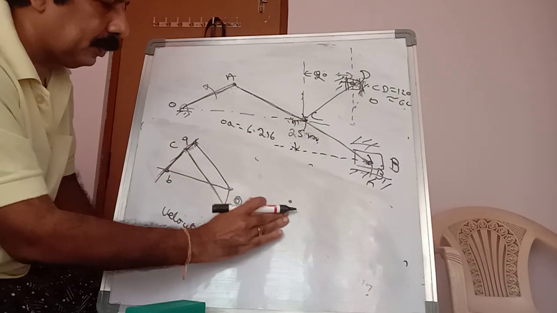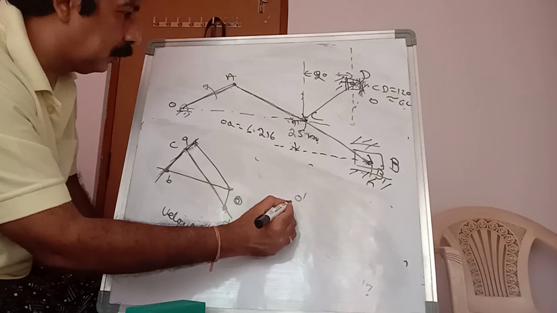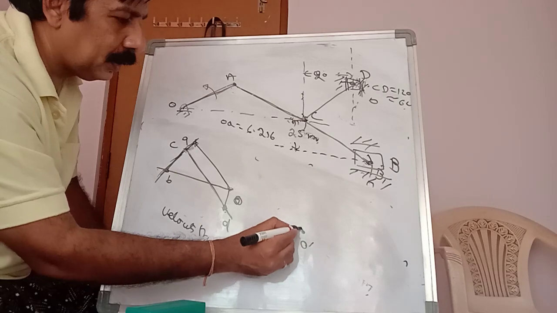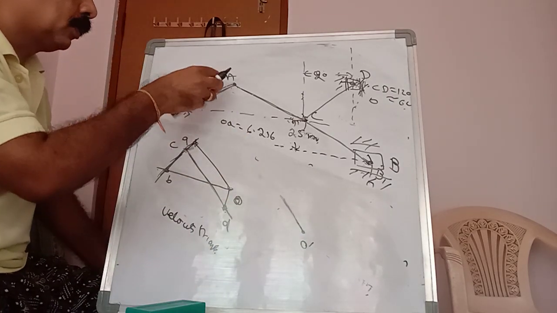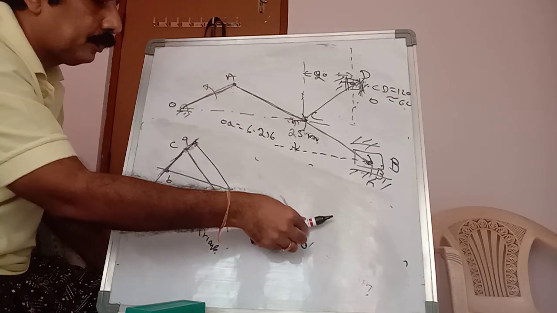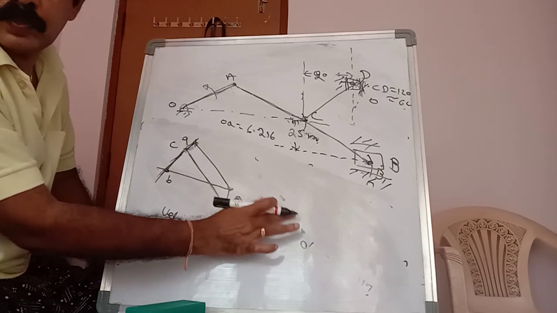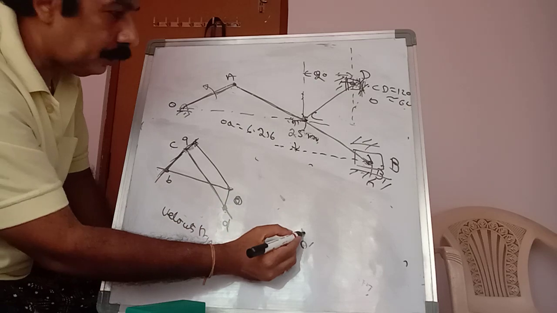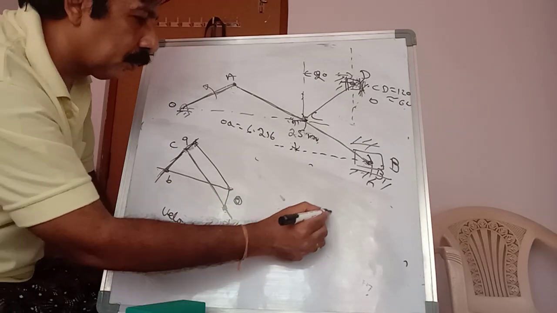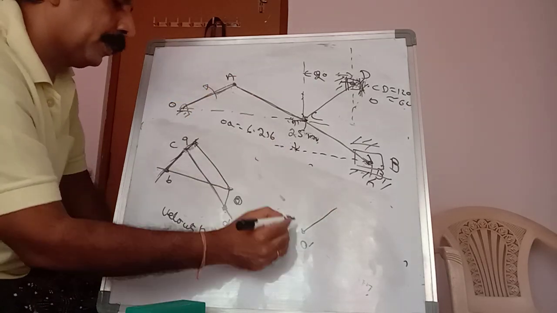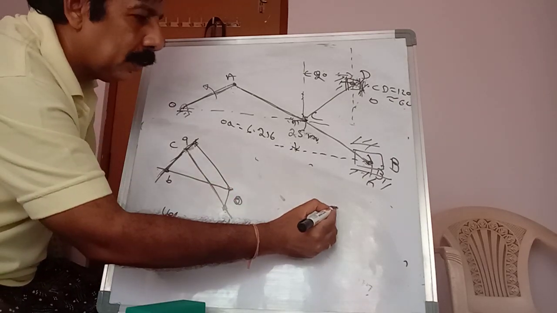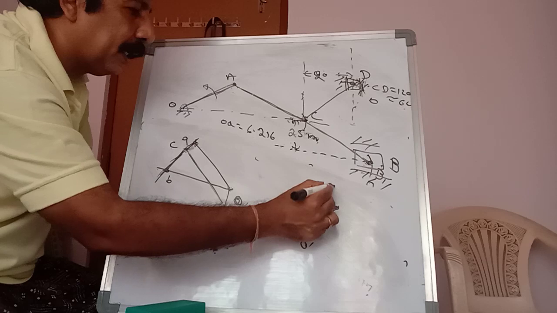So this is O dash, parallel to OA. Here I am putting A dash.